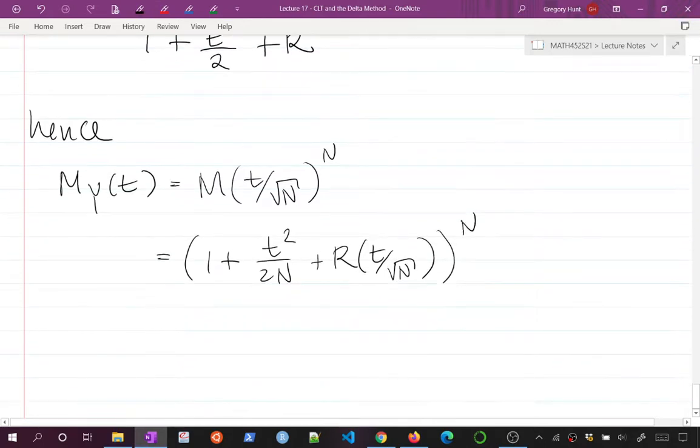So that is the moment generating function of Y, my quantity of interest.